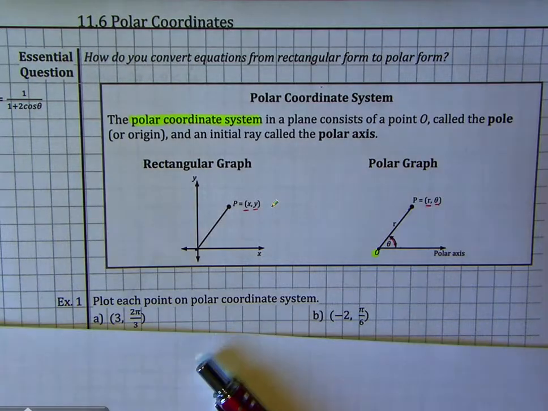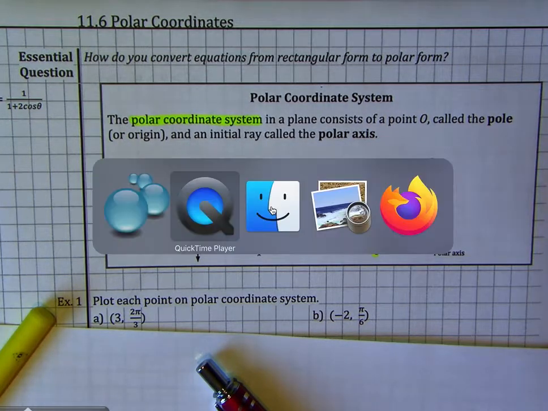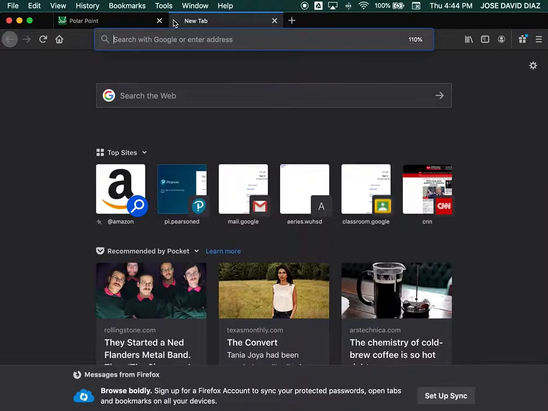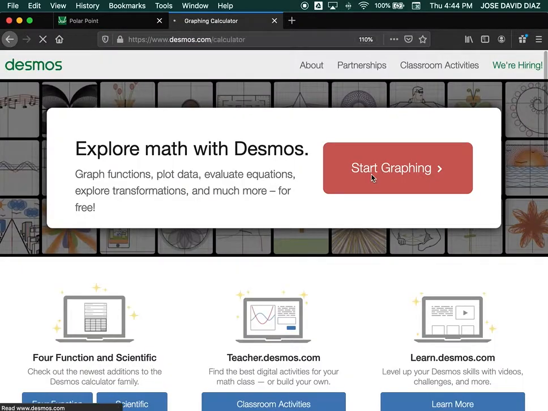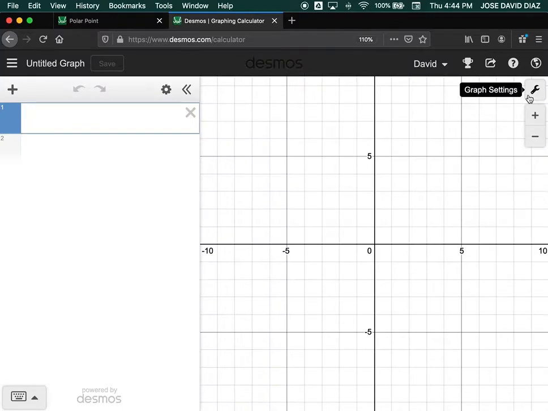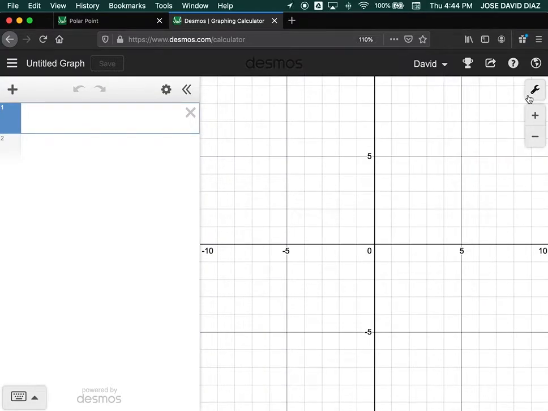Now, some of you might wonder why we actually need this. So let's go into decimals. We are going to graph. Now I'm going to click on the settings, and your graphing calculator has the same options.